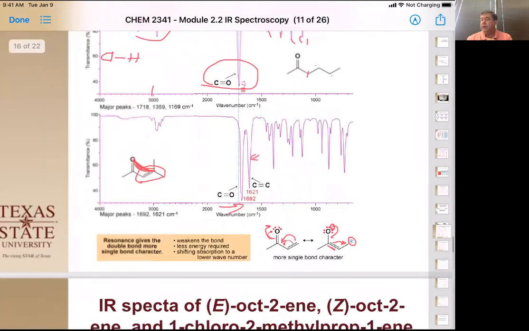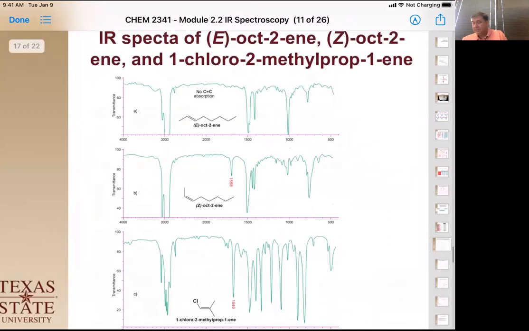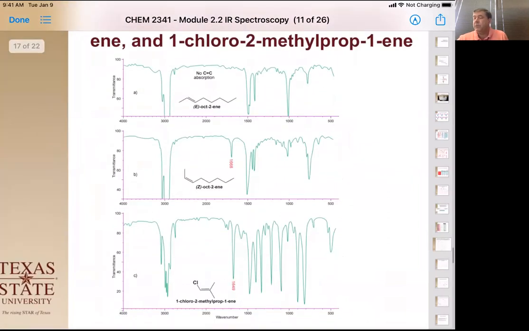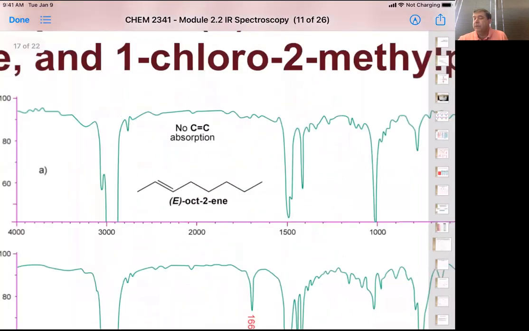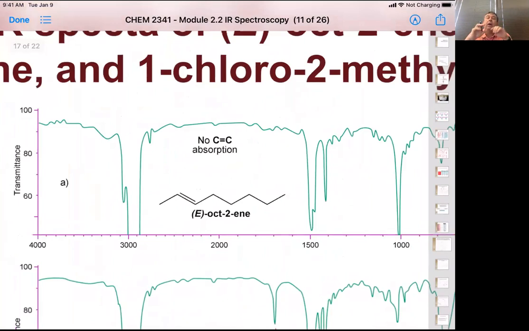Okay. All right, now let's talk about double bonds and where they would show up. If you have a carbon-carbon double bond and it's not polarizable, meaning it has a net dipole of 0, sometimes that carbon-carbon stretch does not show up, okay? But let's look at the top side first. We have a lot of sp3 hybridized carbon-hydrogen bonds. We have alkenyl hydrogens right here.